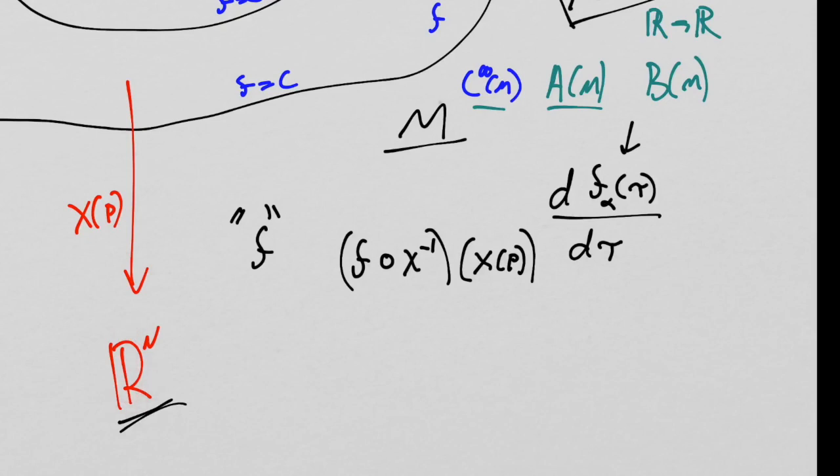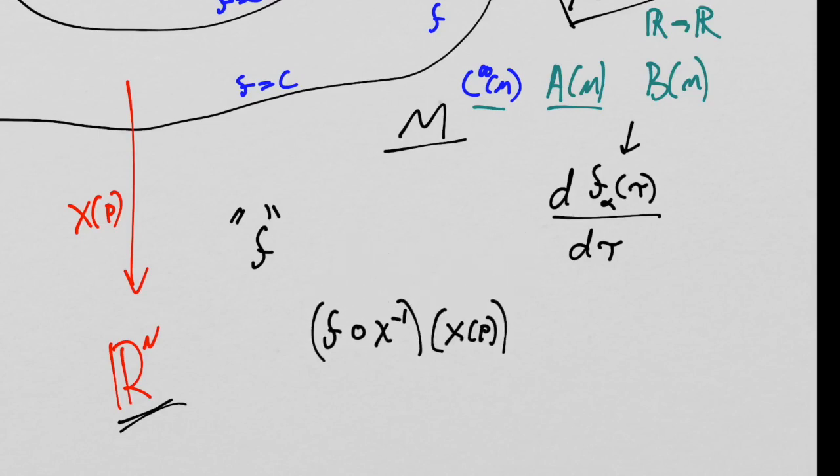Now I have coordinates and I invert those coordinates, go back to the manifold, and then take the function, which ultimately lands in R. So this is a mapping ultimately from Rn to R.